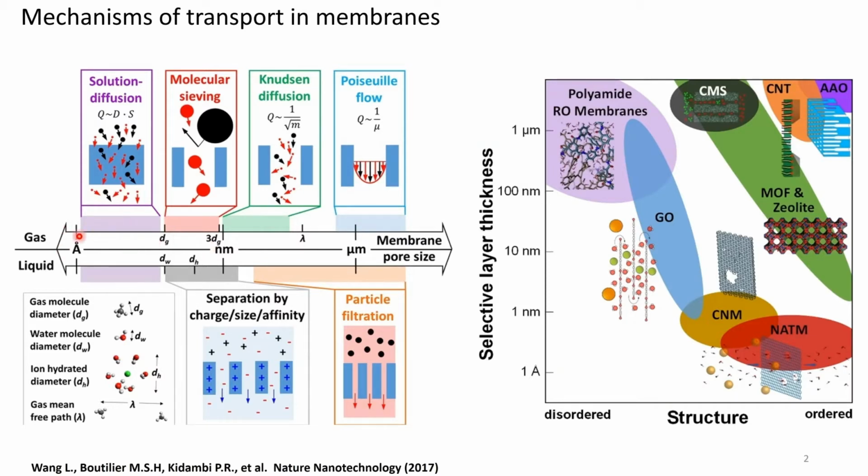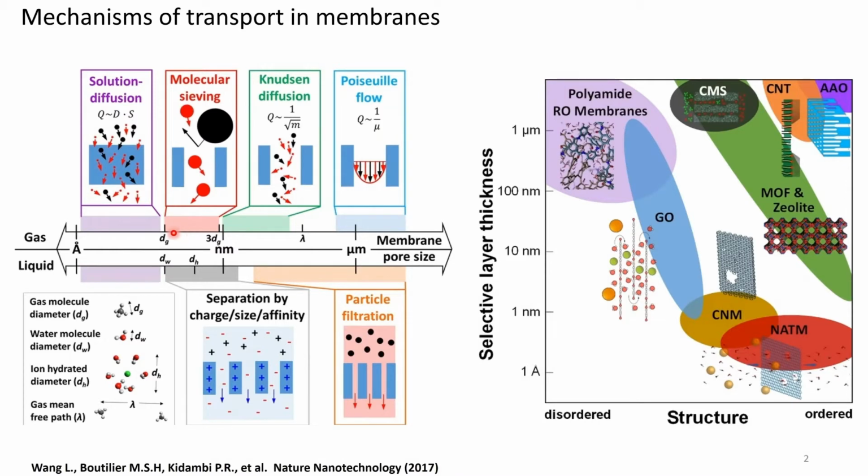At the angstrom or sub-nanometer scale, a lot of membranes operate in this realm for gas separation, which operates on a mechanism of solution diffusion, where the flux through the membrane is proportional to the diffusivity times the solubility. In other words, molecules initially solubilize into the membrane material and then diffuse through the membrane material to emerge from the other side. So the product of diffusivity times solubility then dictates the amount of separation you get.